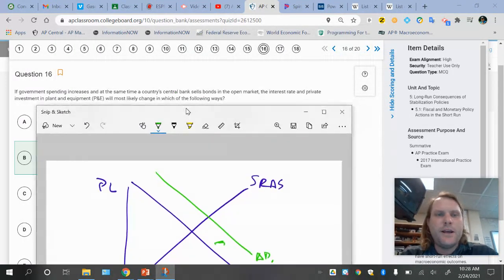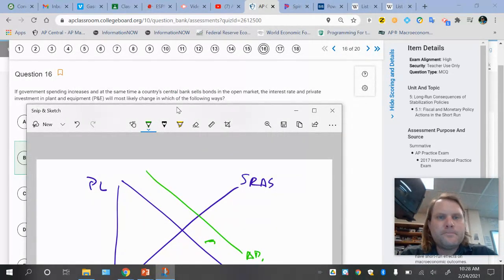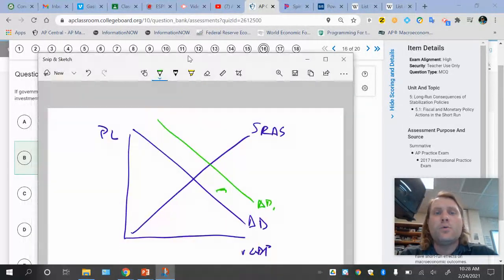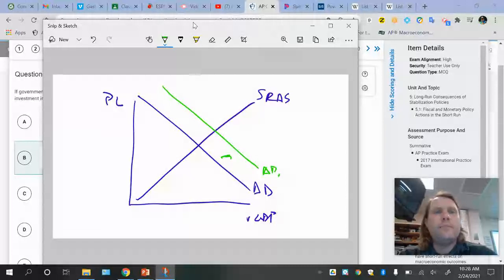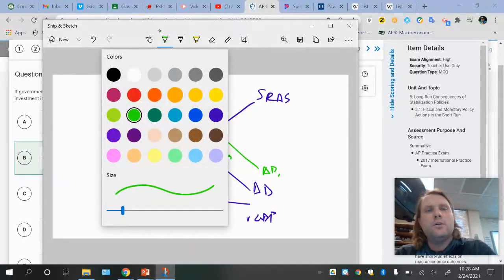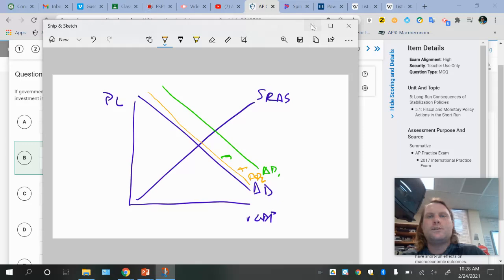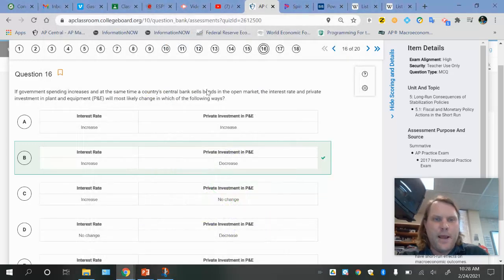Well, the second time, but I have to reread them. At the same time, a country's central bank sells bonds in the open market. So we're selling bonds, which means we're trying to make the economy smaller. I know that eventually we're going to be coming back over this way. We're kind of counteracting what's going on with the aggregate demand.